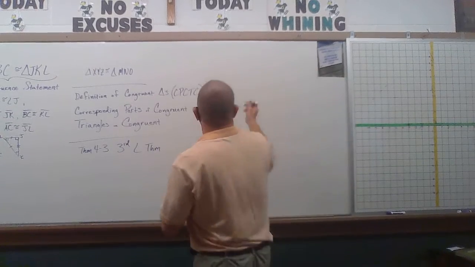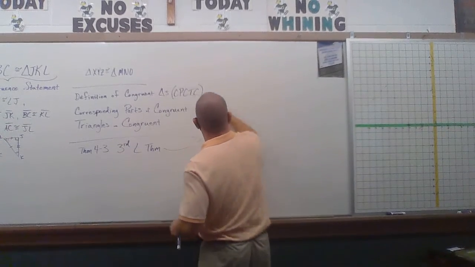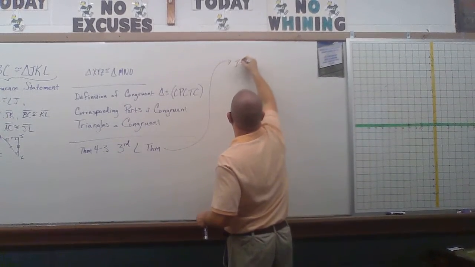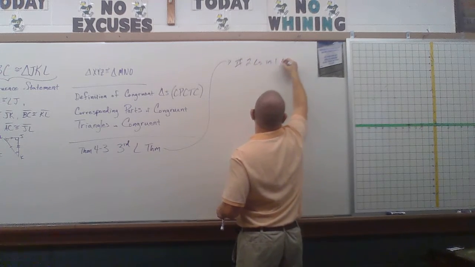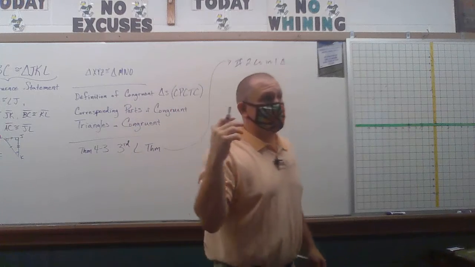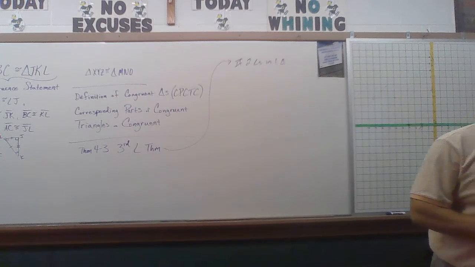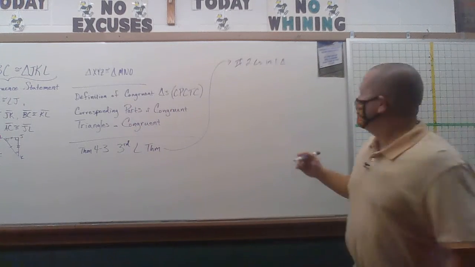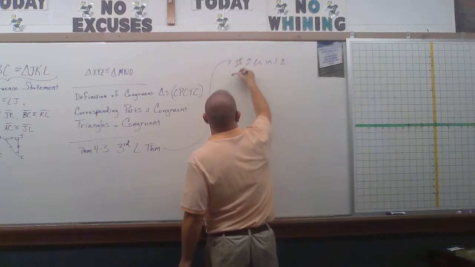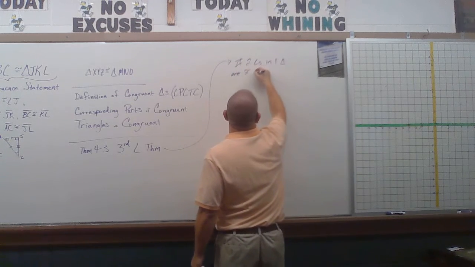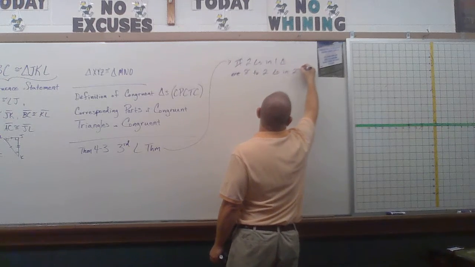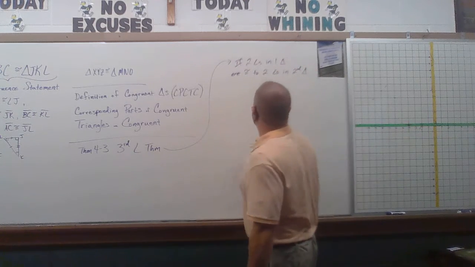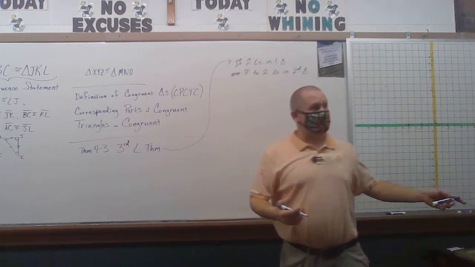So what this says is, if two angles in one triangle, again, a lot of abbreviations, so if you got any questions, just let me know, are congruent to two angles in a second triangle, then obviously what?